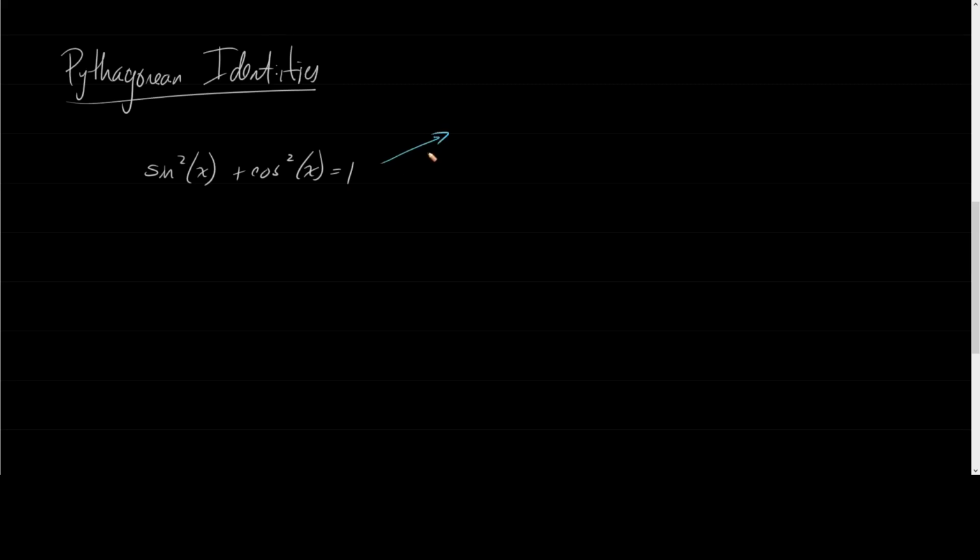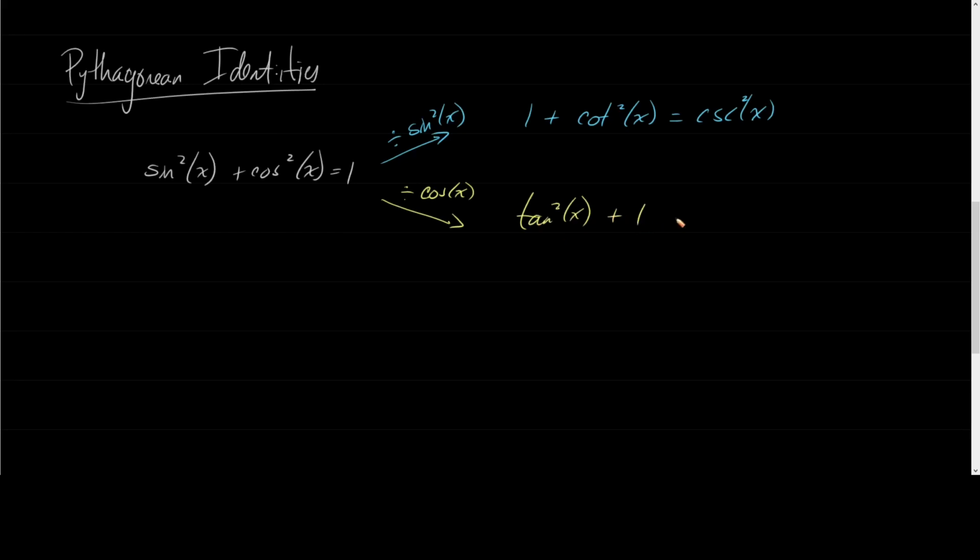And if I take this equation and divide it by sine squared, I end up with 1 plus cotangent squared is equal to cosecant squared. And if I take this equation and instead divide it by cosine squared, that would tell me then that tangent squared plus 1 is equal to secant squared. All right. So those are the Pythagorean identities.